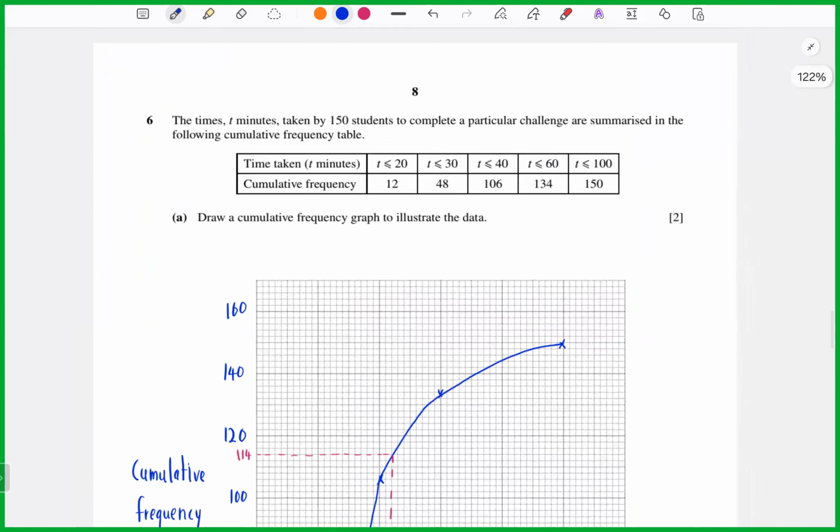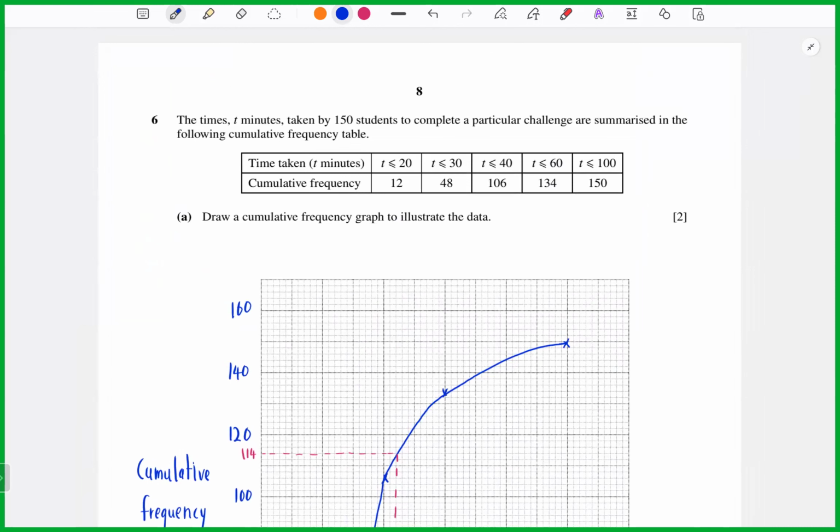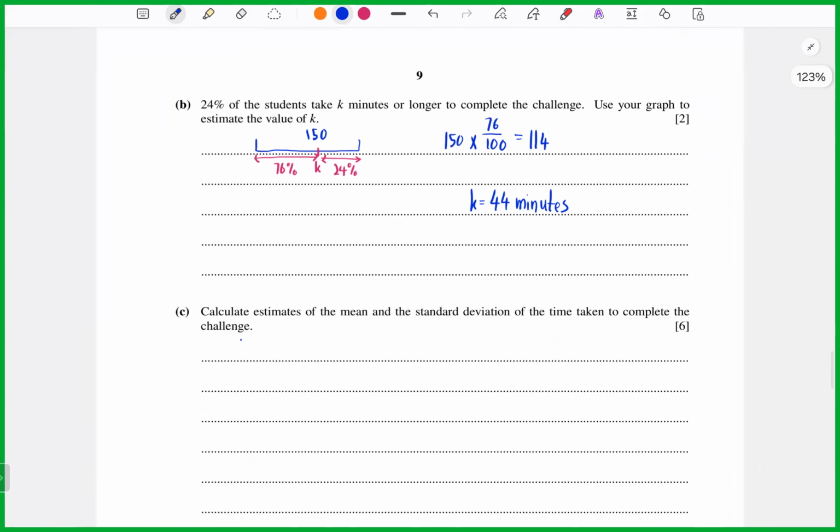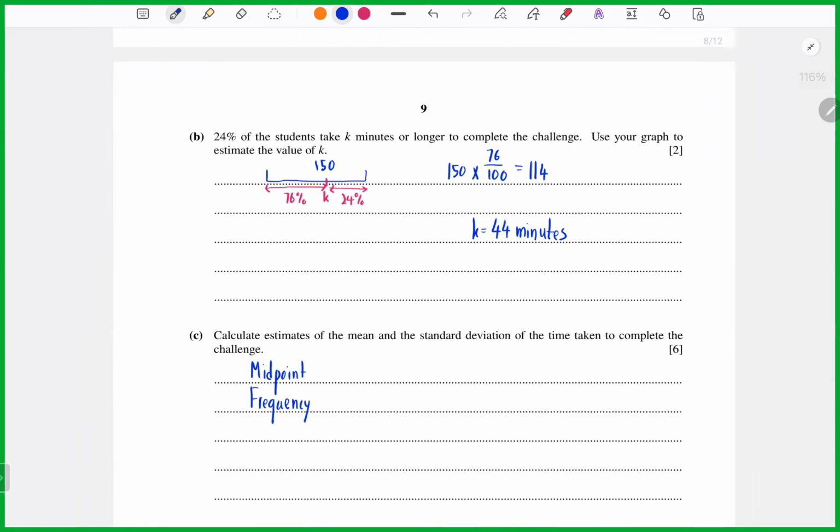Okay, see here. This is your midpoint and this is your frequency.